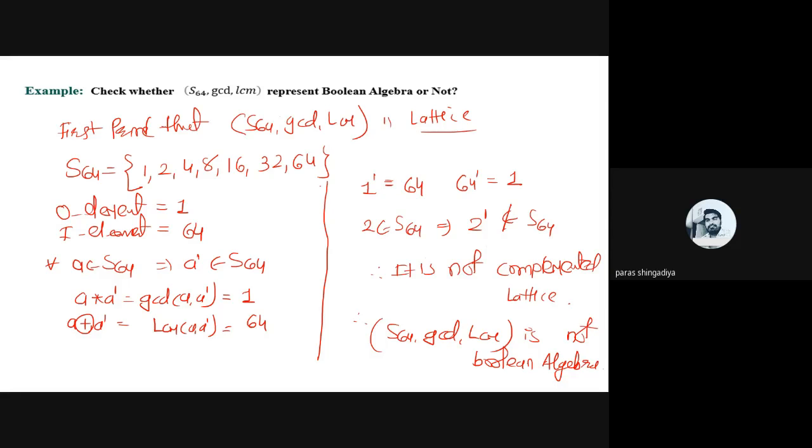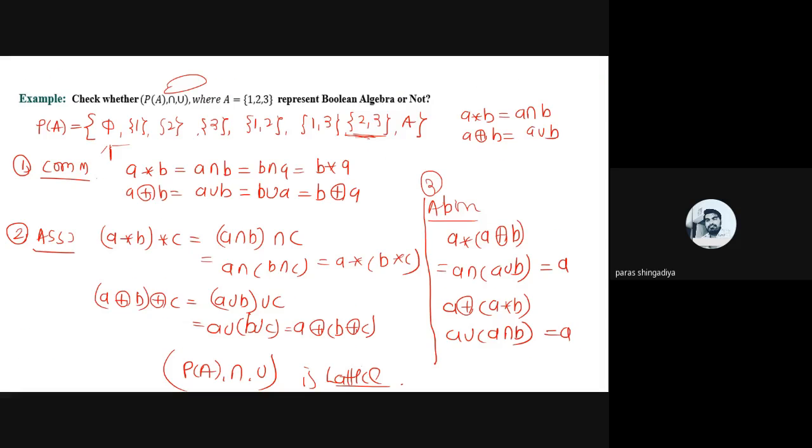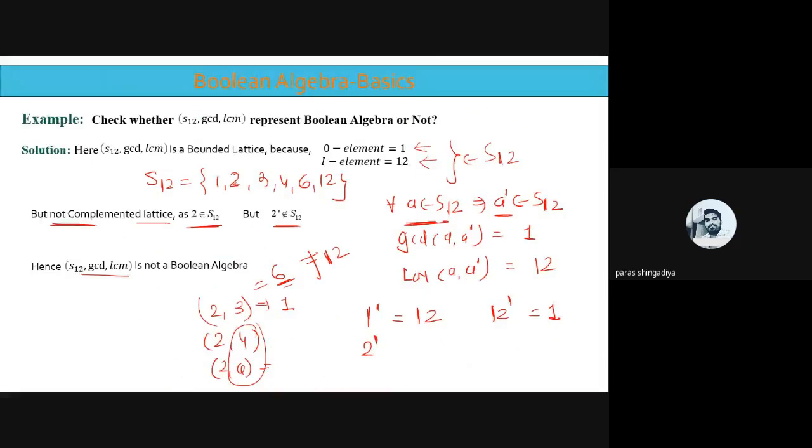Clear? And if you consider the next one, that is simply S12 with GCD and LCM. There are only two odd numbers there, 1 and 3, and the remaining 2, 4, 6 and 12 are even numbers. Clear? So what does it mean? When we consider a pair of two odd numbers and a pair of two even numbers, the GCD will never be 1.